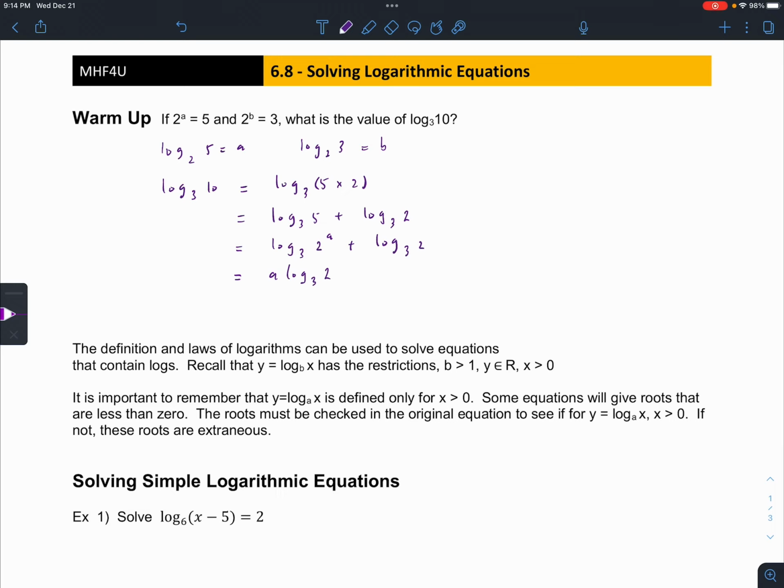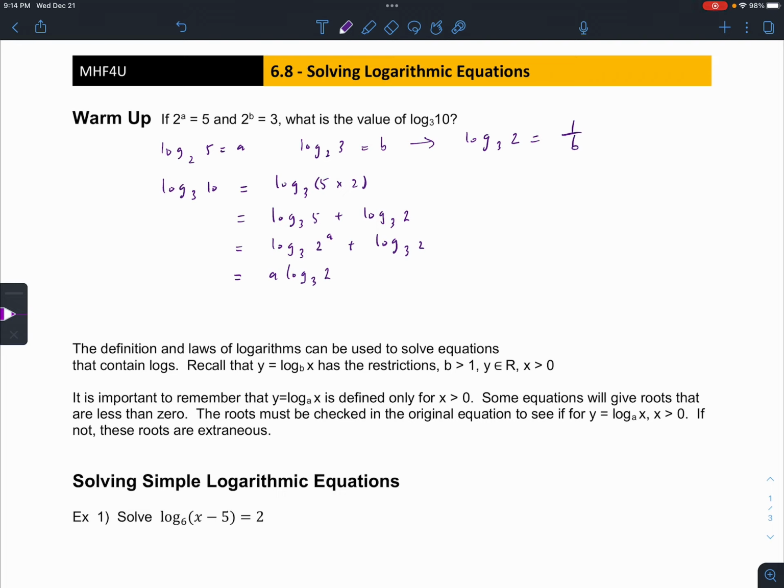Now notice that log to the base 3 of 2 and this equation here, log to the base 2 of 3 is equal to b. What we can do is use the change of base formula and switch the base and the argument, so we actually make this log to the base 3 of 2, then the right side changes to 1 over b.